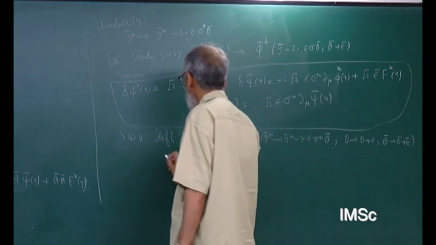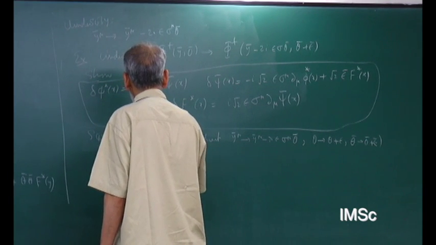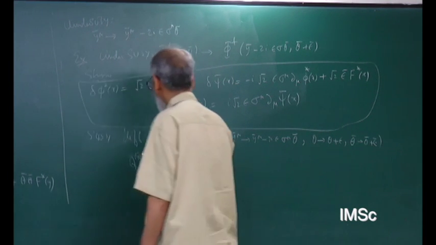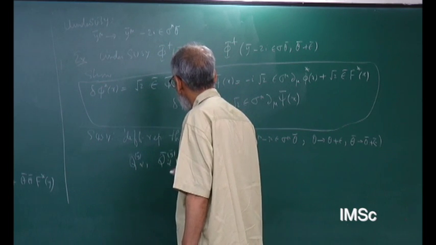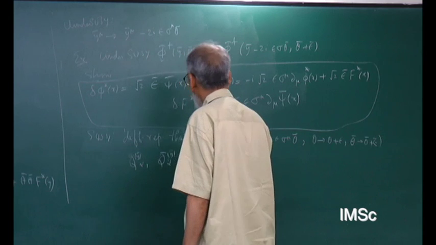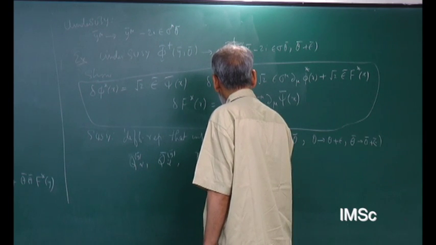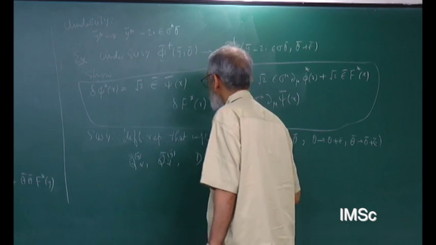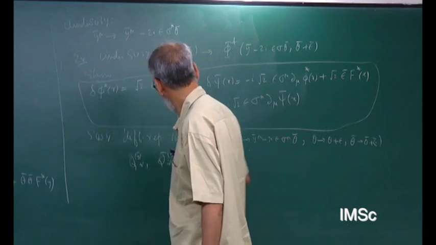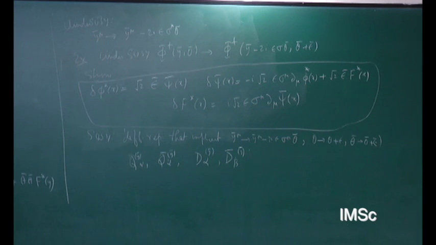There is a corresponding construction of q y bar alpha, q bar alpha dot y bar, and there is also a construction of covariant derivatives in y bar, which is parallel to what we did earlier.